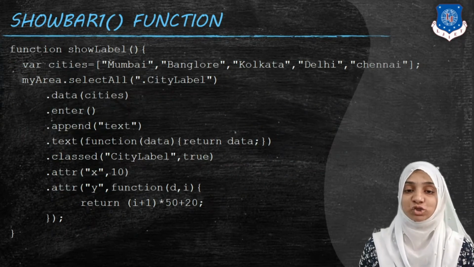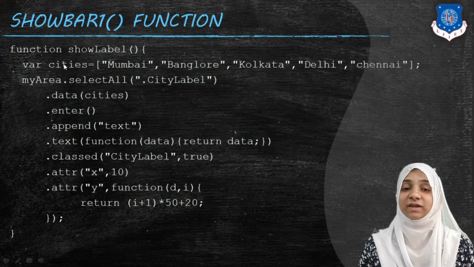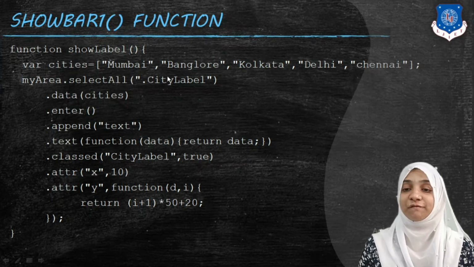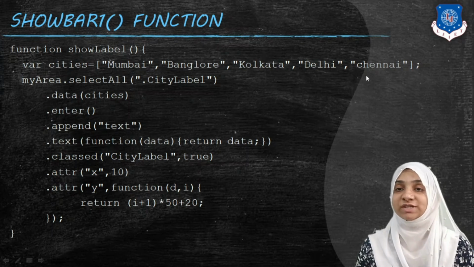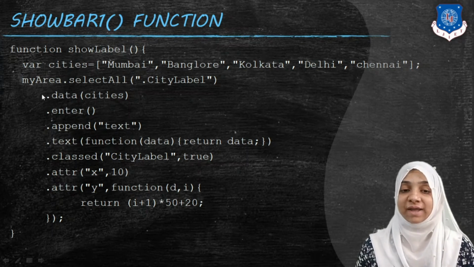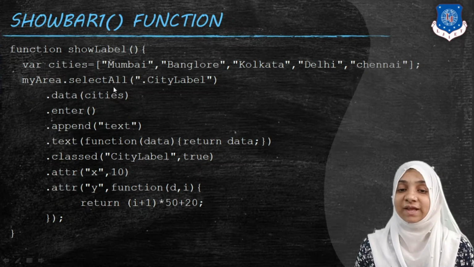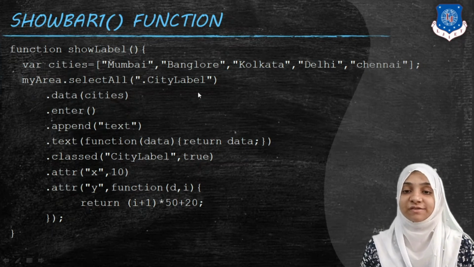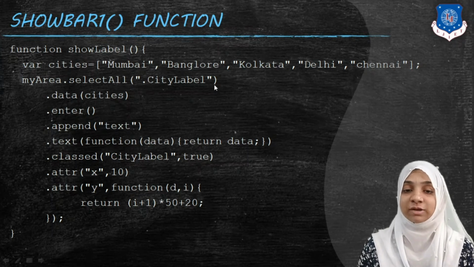Now within this show label function, we have one variable that is an array cities, which consists of 5 city values: Mumbai, Bangalore, Kolkata, Delhi and Chennai. So my area is nothing but your SVG area, and we select all city label classes. Now remember, there are no tags which are associated with class city label.